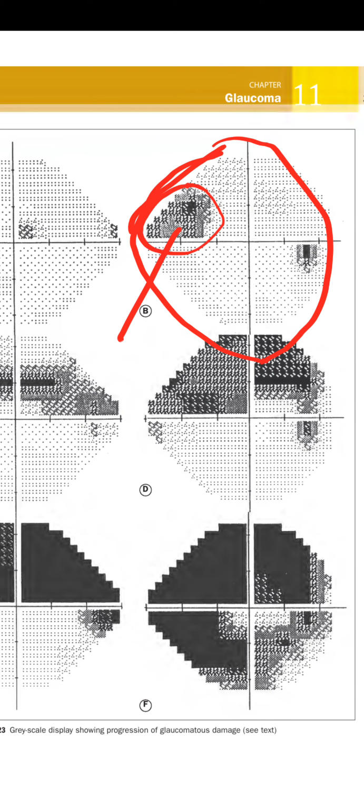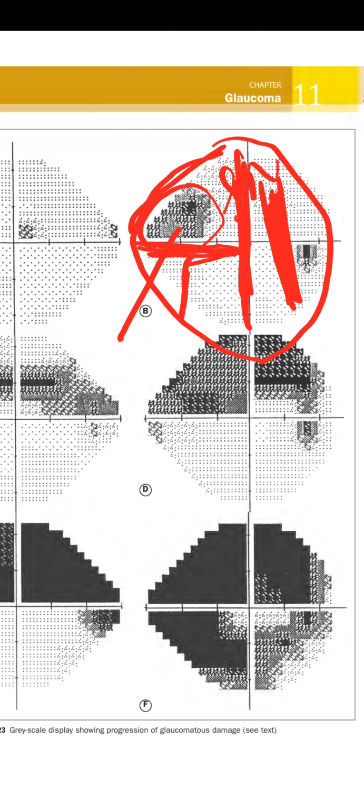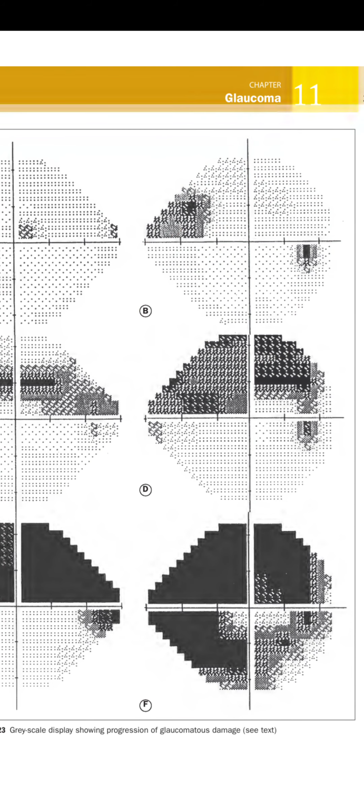You can see there is a defect supranasally that is respecting the horizontal midline. Remember that in glaucoma, most likely it will respect the horizontal midline, whereas in neurological defects it will respect the vertical midline. So the defect will be like this in a neurological defect, and in glaucoma it will be like this. This is a right eye because the blind spot is on the right side.